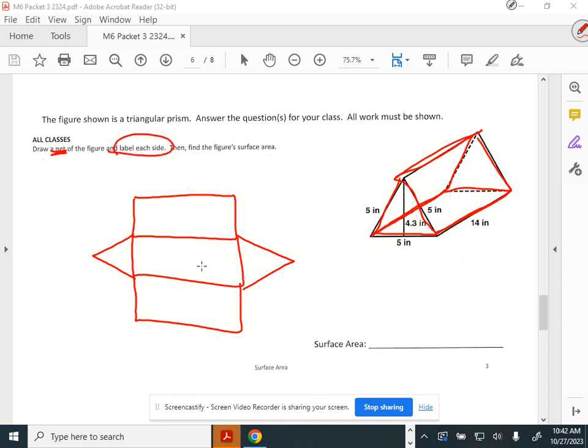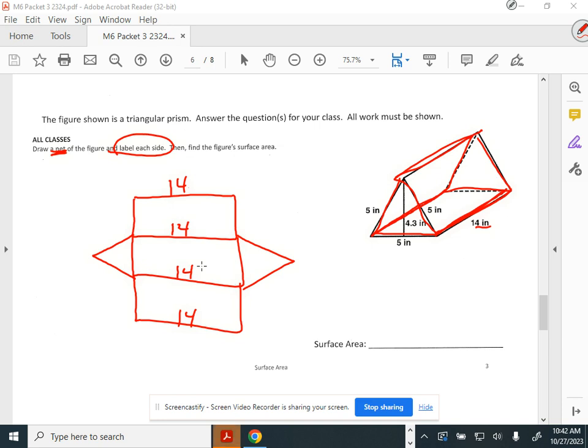Then it says label each side. So I have to think about my side measurements, my edges. So the long part of our rectangle is 14. So every long side of our rectangle is going to be 14. What are the sides of my triangles, Layla?